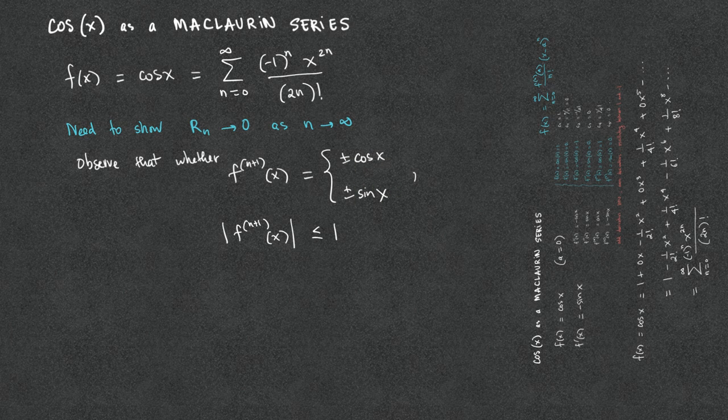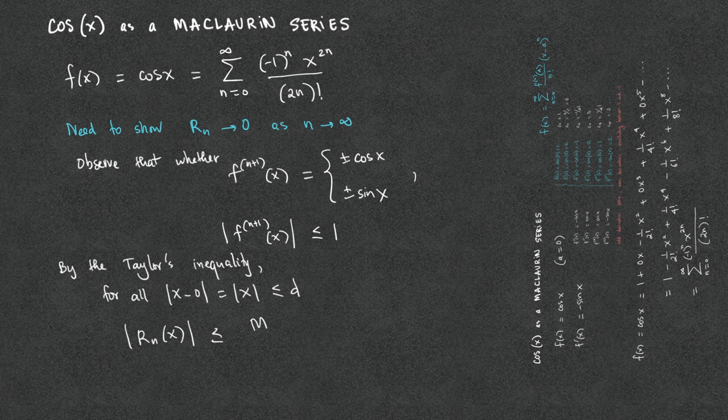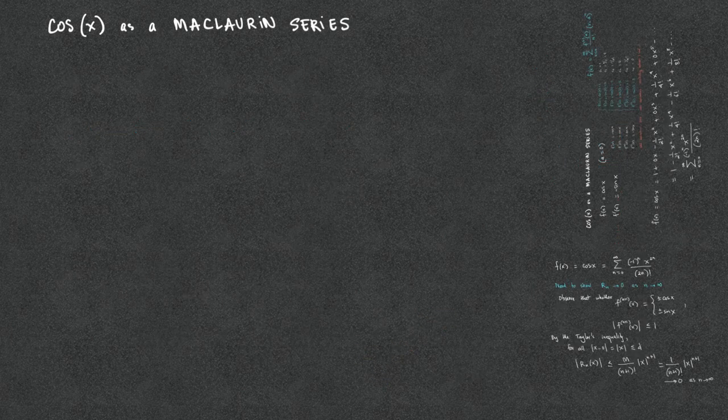And so the Taylor inequality states that for all absolute value of x less than a number d, the remainder is less than or equal to M over n plus 1 factorial times absolute value of x to the n plus 1, but M is 1, so it is 1 over n plus 1 factorial x to the n plus 1. We take the limit of this as n goes to infinity, it is 0, for x a real number.